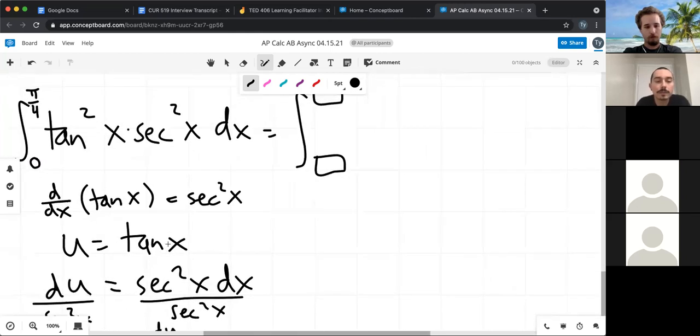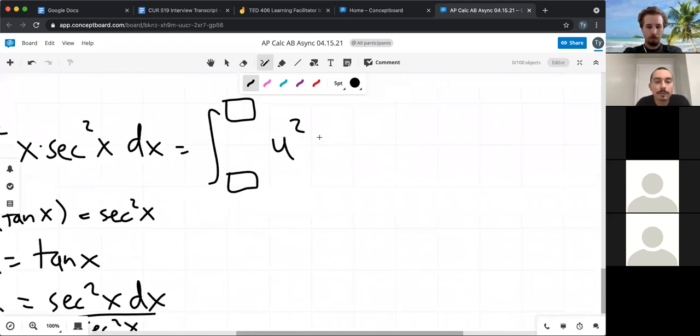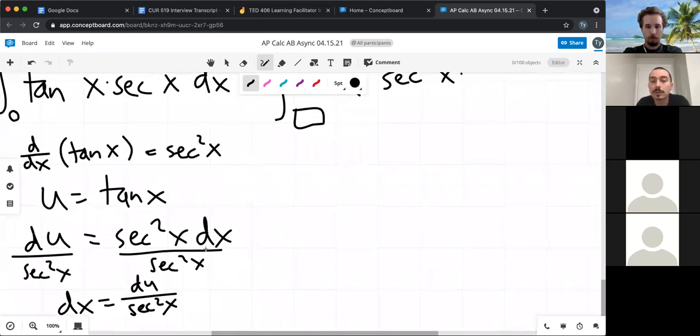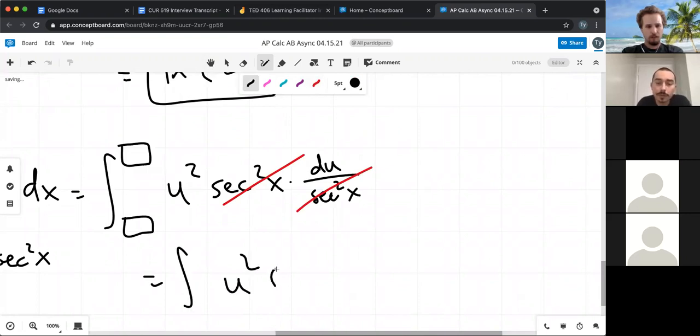We know tangent is our u, but we have tangent squared, so we need u squared. And then we have secant squared x times, not dx anymore, but du over secant squared x. And hooray, those secant squareds go away. We are left with u squared du.